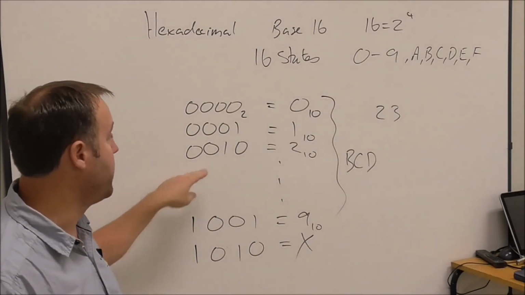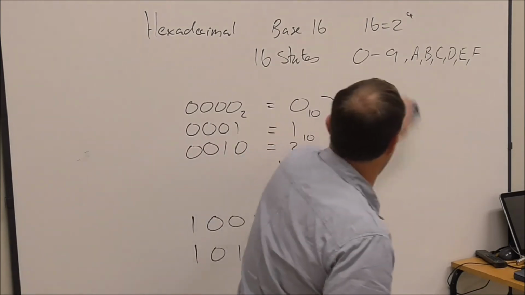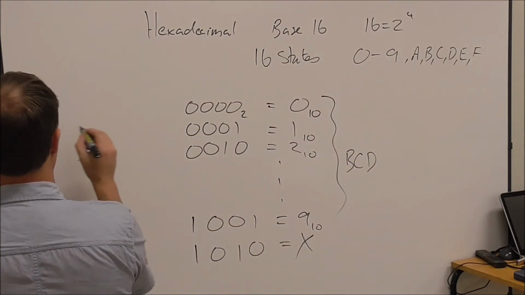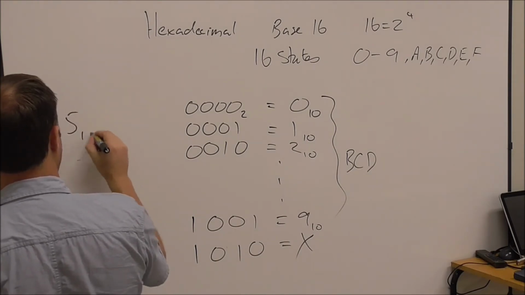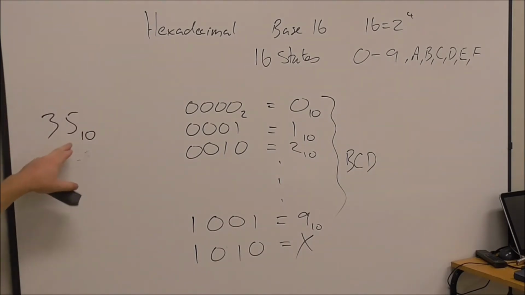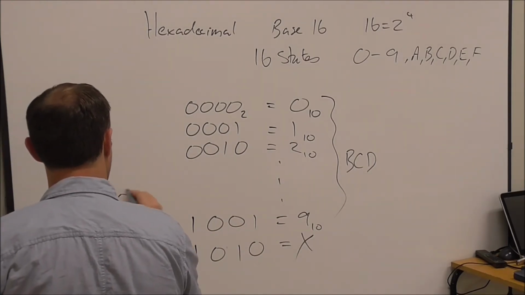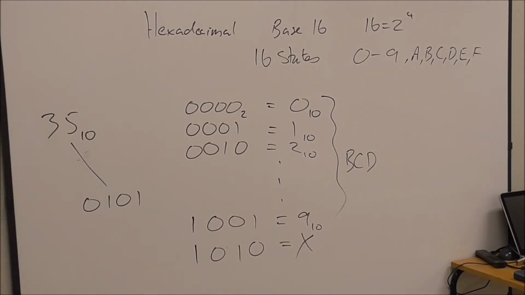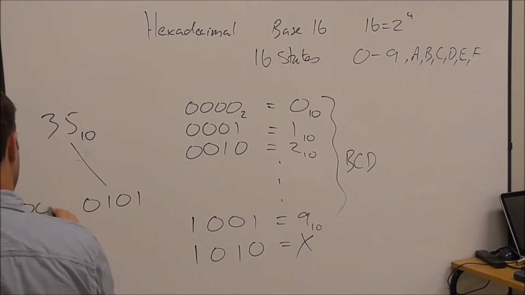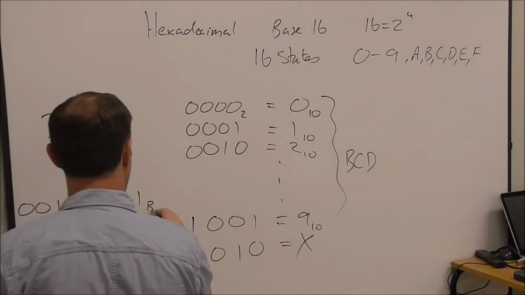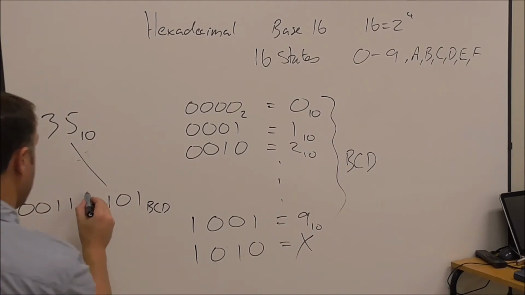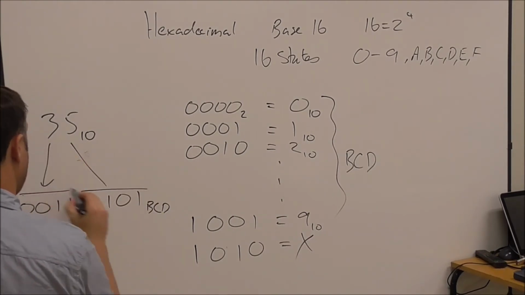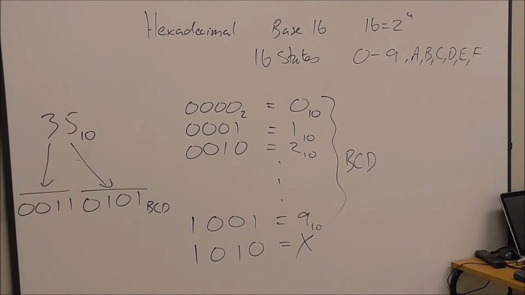Basically, all we're doing is taking the numeral from our number and encoding it as a 4-bit binary number. So in my 23 example, well, let's do 35. In decimal, the 5 is 0101, and the 3 is 0011. And so that would be the binary coded decimal for 35.